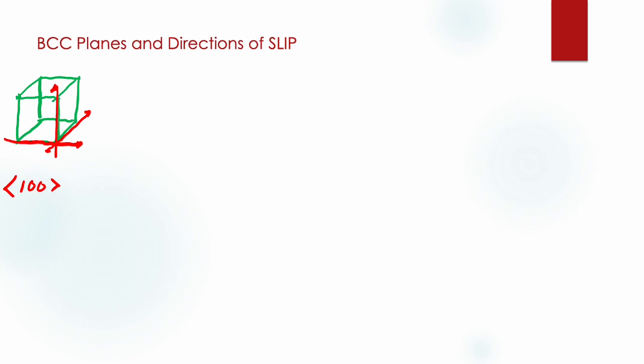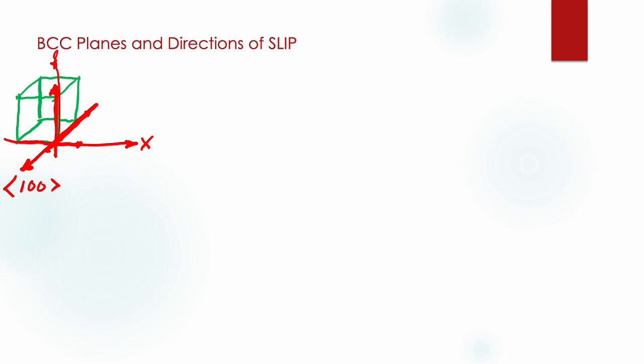We come up with that direction by noting from the beginning to the end how many lattice parameters or how many units a direction moves in x, y, and z. So this direction that's moving up is not moving in the x direction. The x direction is this. It's not moving in the y direction. Positive y is that. But it is moving 1 unit in the z direction. That's positive z.